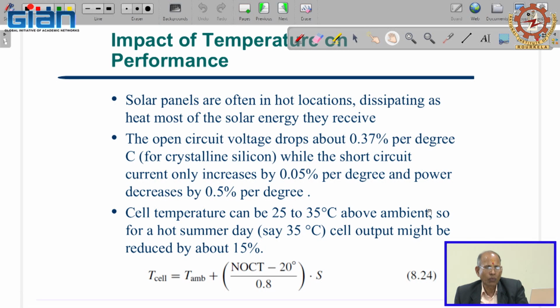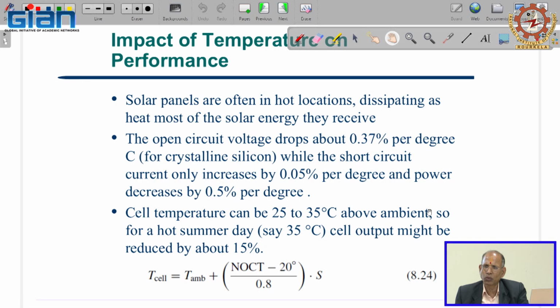Now, as we said, we expect that temperature should be around the nominal one, but there can be too much variation. In winter we can have 5 degree, 10 degree. In summer it can go around 50 degree. So how does it affect the output power from the PV system?